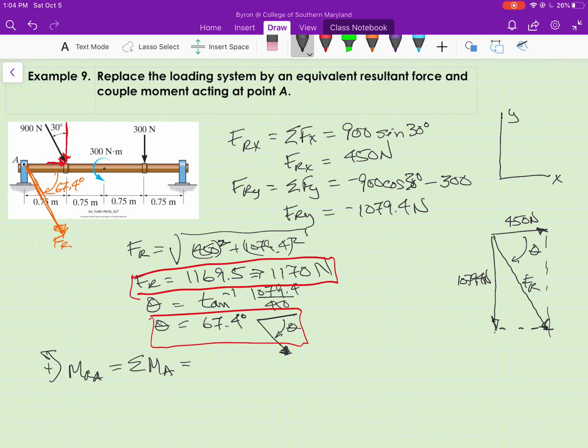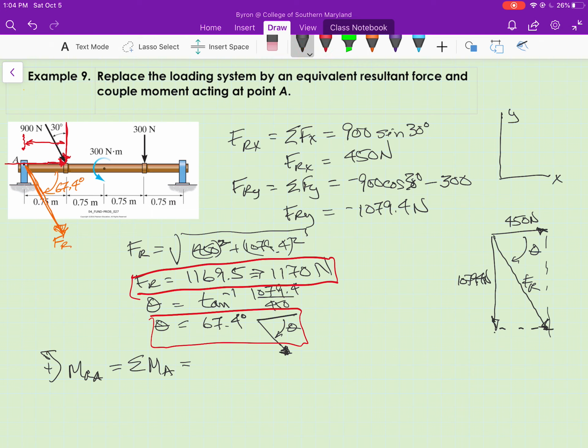I already have the two components of the 900 Newton force. The x component has a line of action that acts through A, so it creates no moment about A. The y component acts at a perpendicular distance of 0.75 meters from A.